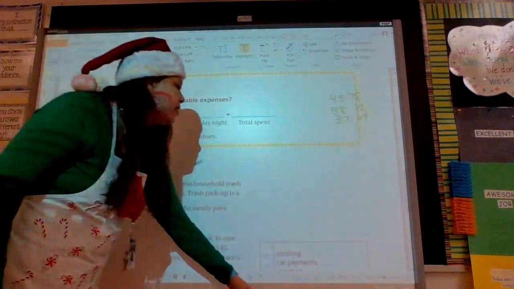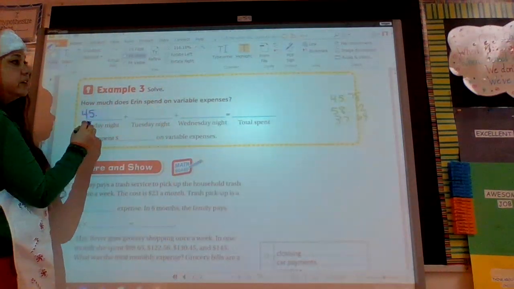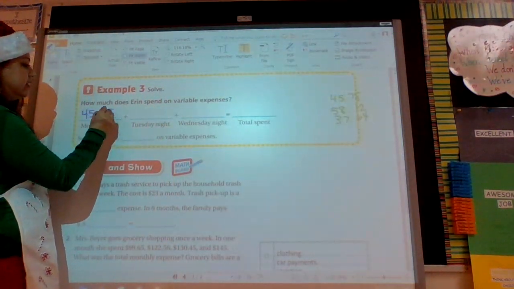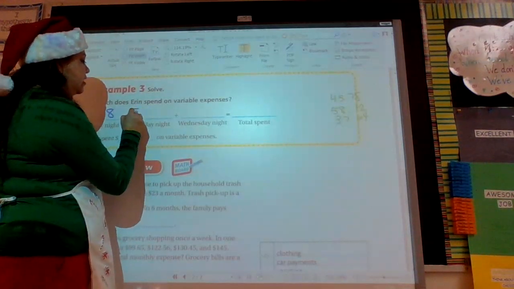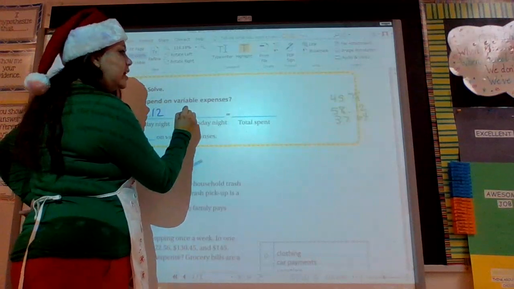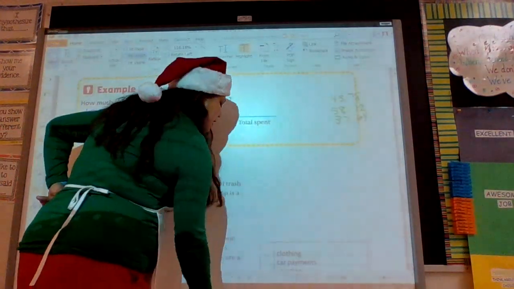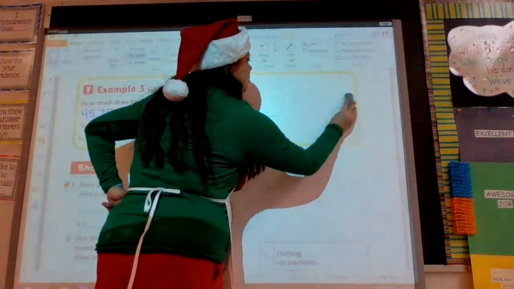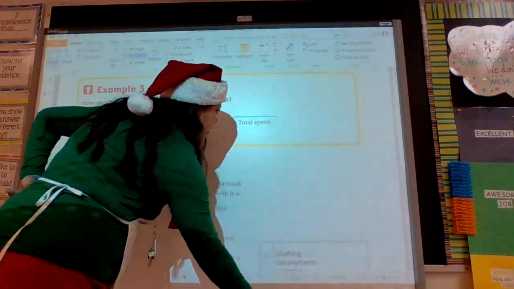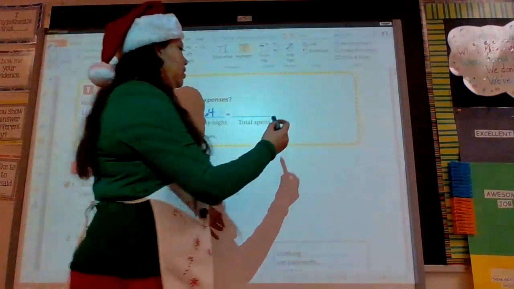On Monday night, we said she did $45.78. On Tuesday was $58.12, and on Wednesday, $37.64. So now what it is telling us to do is to total up, or to add, all the expenses that were variable that she spent.